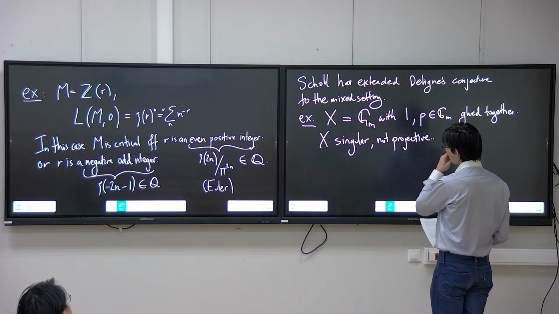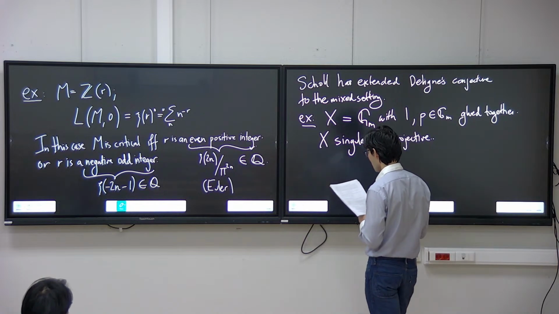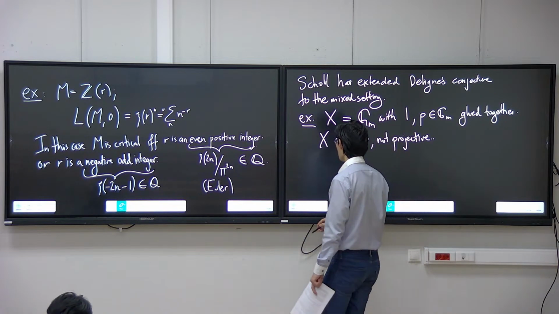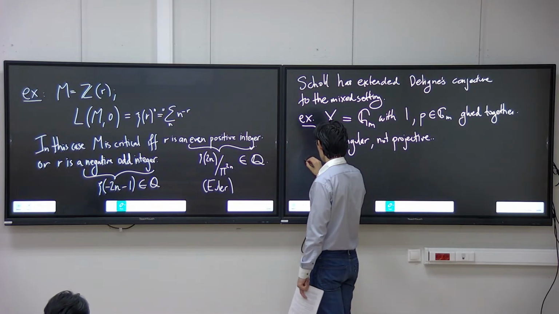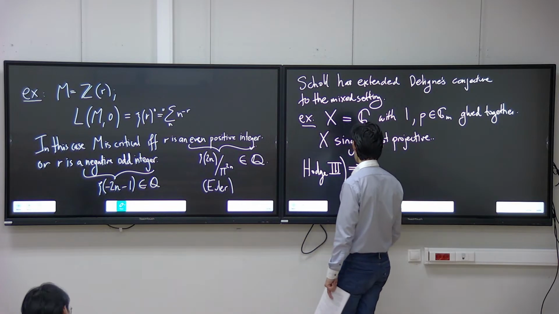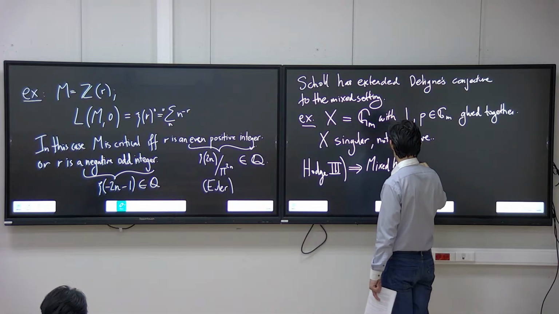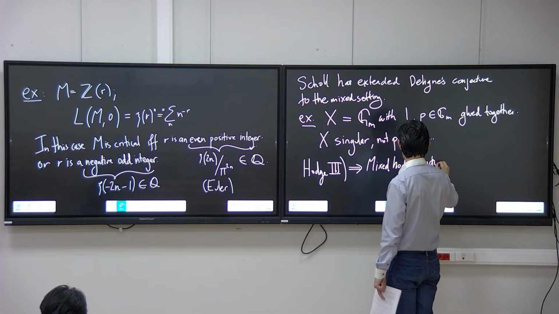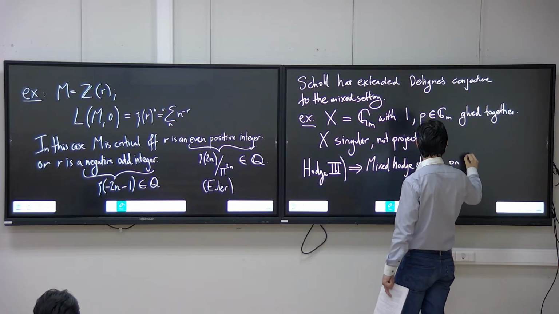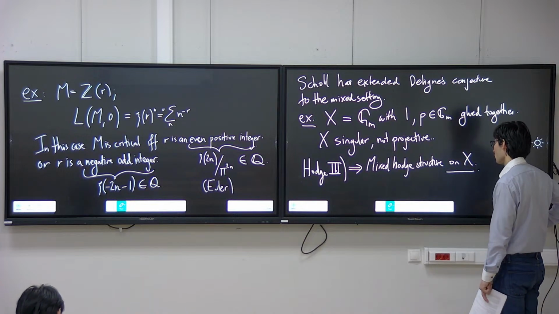We don't know the motive attached to X really. It's meant to be some kind of mixed motive, but using Deligne's Hodge 3 paper, we get some kind of mixed Hodge structure on X. So there's some kind of filtration on there.